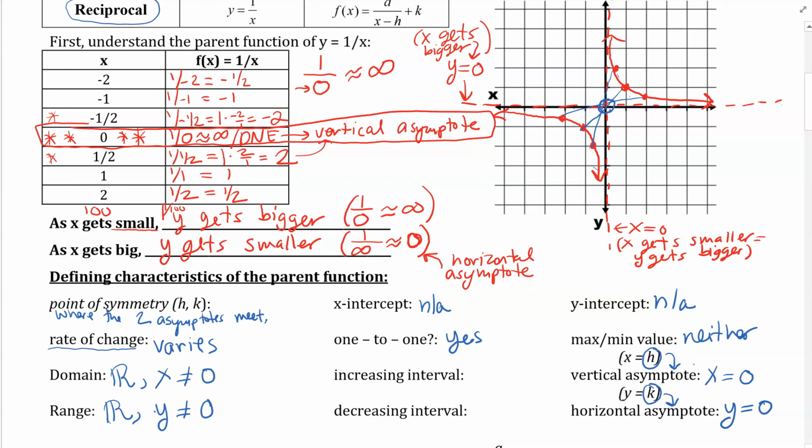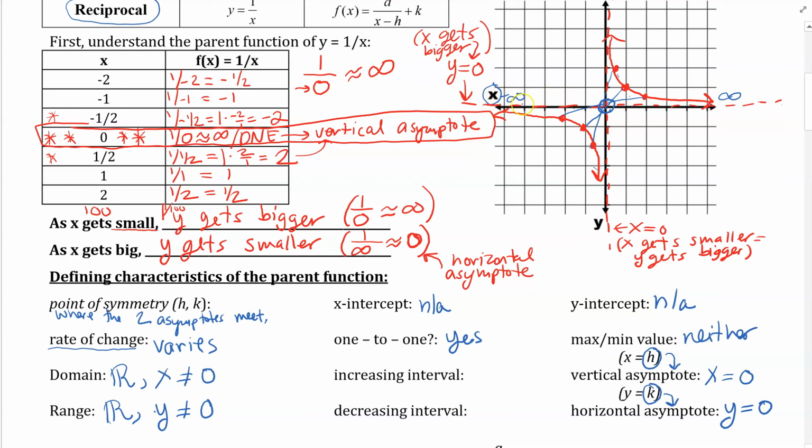Now, for increasing and decreasing, it's really kind of strange for this function because there are these two separated parts. If you look at this part on the left, and remember, for increasing and decreasing, you always read the graph from left to right. It always goes from -infinity on the x-axis to +infinity on the x-axis. So I have to look at this left part first.